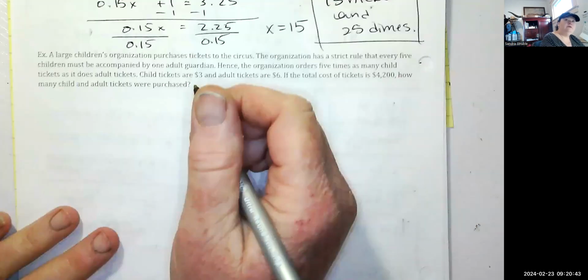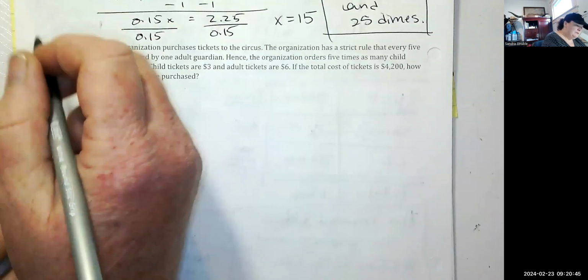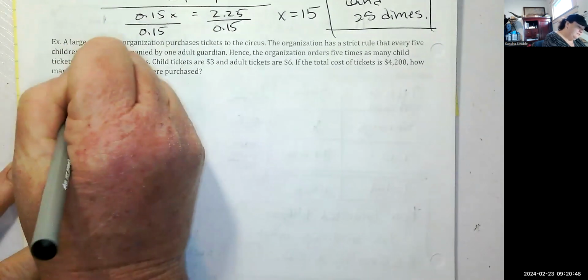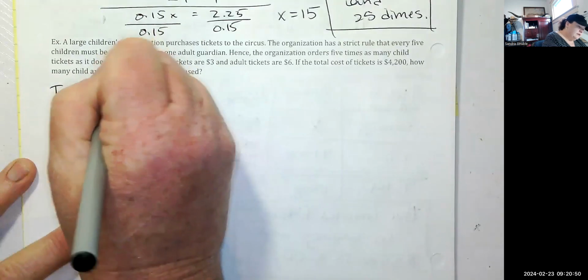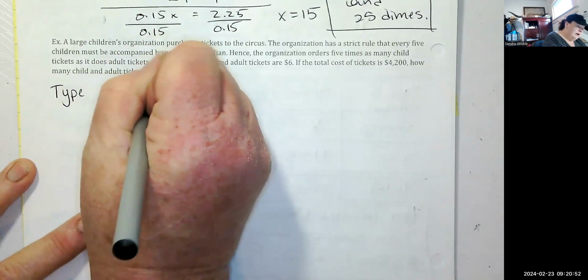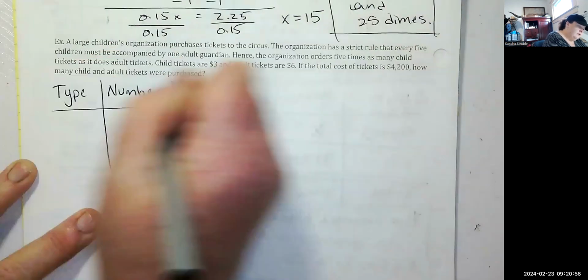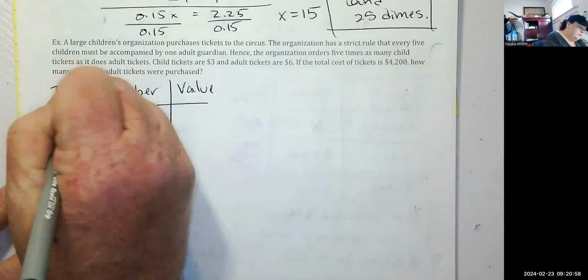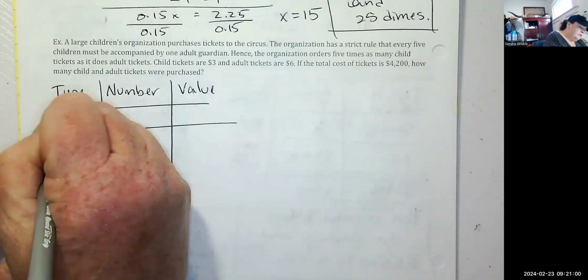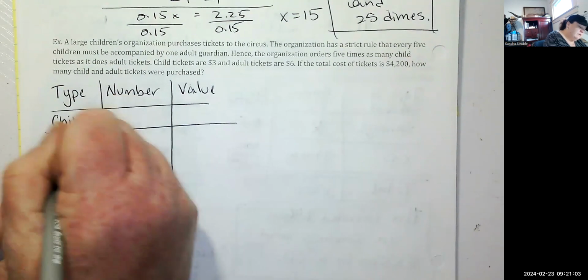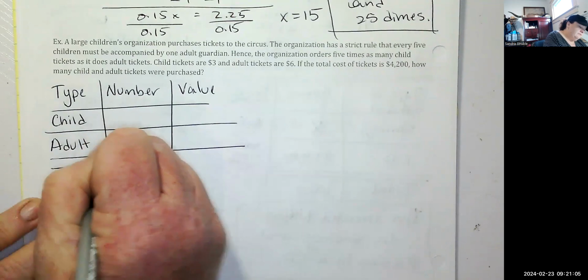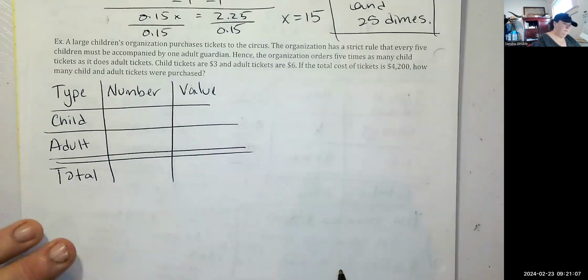Well, let's set up a little thing to help us here. We've got the types of ticket. We've got the number of tickets. And we have the value of the tickets. We've got a child's ticket. And we've got an adult ticket. And then we've got the totals.